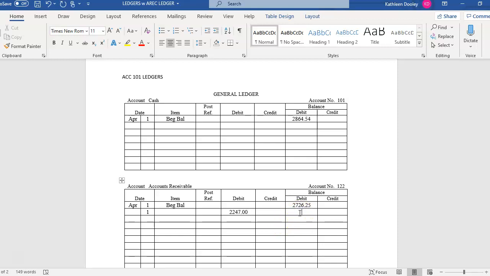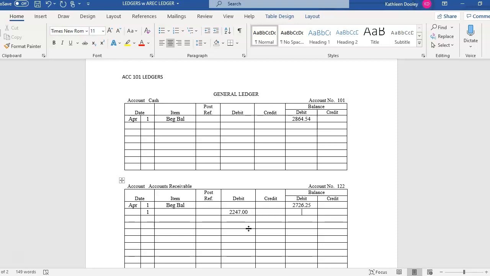Now here we have a previous balance, $27, $26, $25. And of course, accounts receivable is an asset, so that's a debit balance. And what we just put in, the $2,247, is a debit. And our rule of thumb is debit and debit is add, credit and credit is add, debit and credit is subtract. So here we have 2 debits, so we're going to add those.